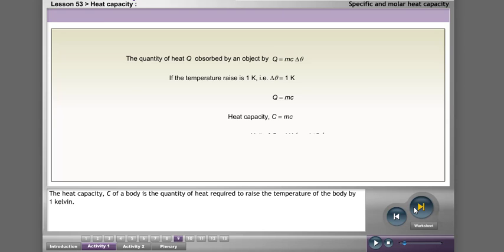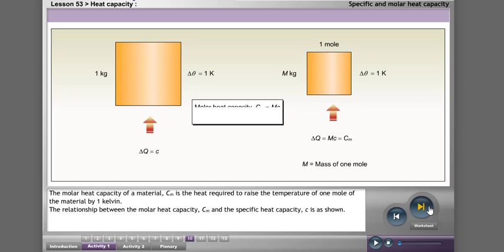The heat capacity C of a body is the quantity of heat required to raise the temperature of the body by 1 Kelvin. The molar heat capacity of a material, Cm, is the heat required to raise the temperature of 1 mole of the material by 1 Kelvin.